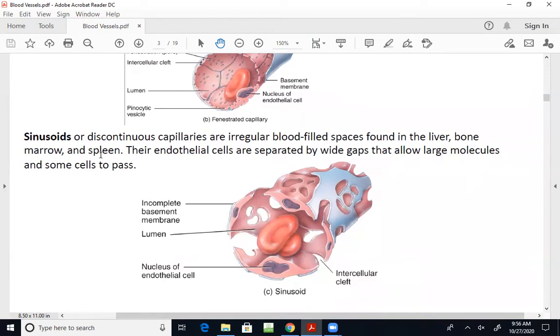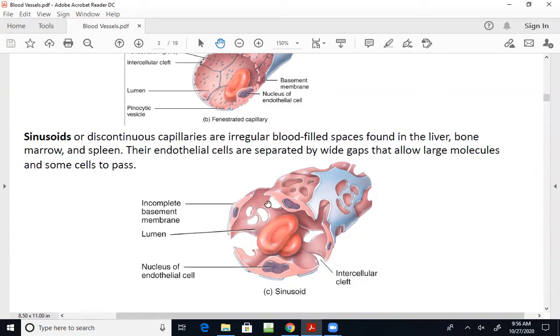And what we're able to do is move blood cells in or out, depending on what we're doing. We've, for example, learned that our bone marrow is where we're making our blood cells. Well, that's how blood cells are able to enter the circulation.